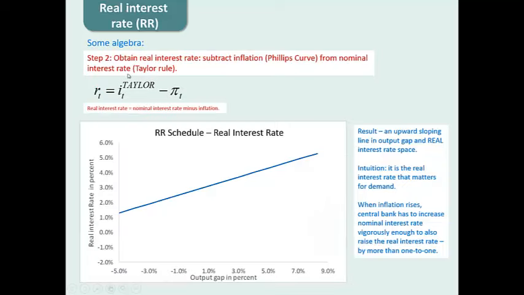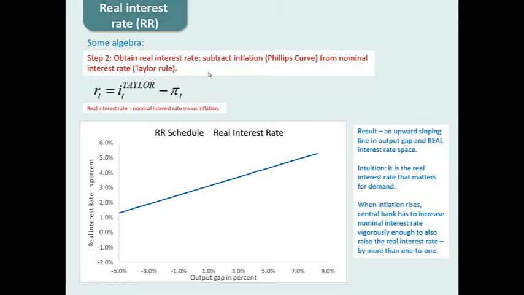So the next step is we need to get things into real interest rate space. And all we need to do there now is take our nominal rate and subtract off the rate of inflation, again from the Phillips curve, and we'll get an equilibrium interest rate that reflects two things. It reflects what the central bank is doing in terms of monetary policy, but also it reflects the supply constraints in the economy that are summarized in the Phillips curve.